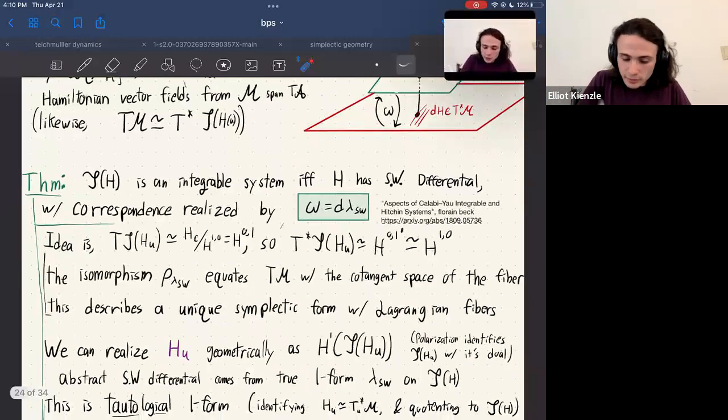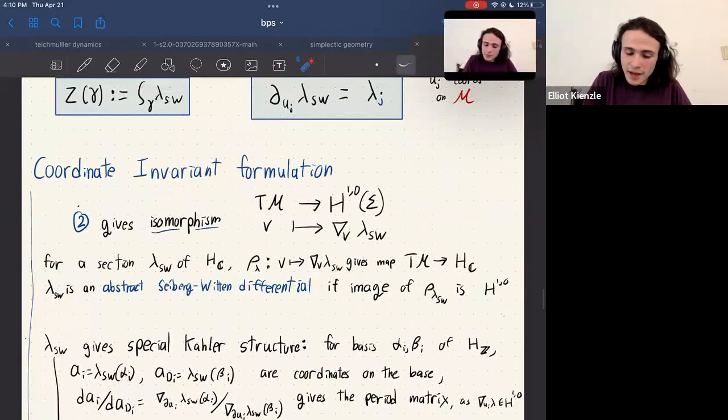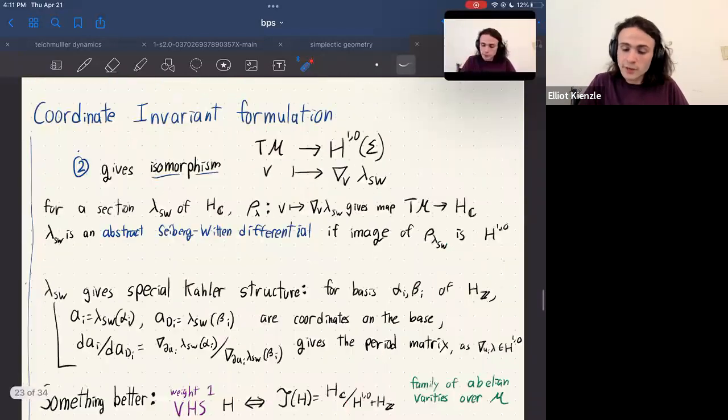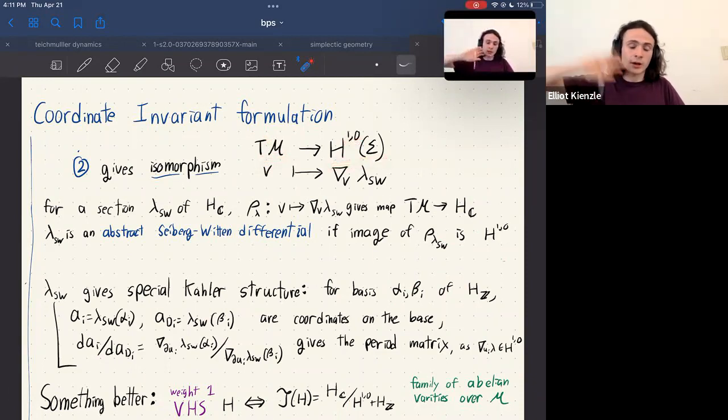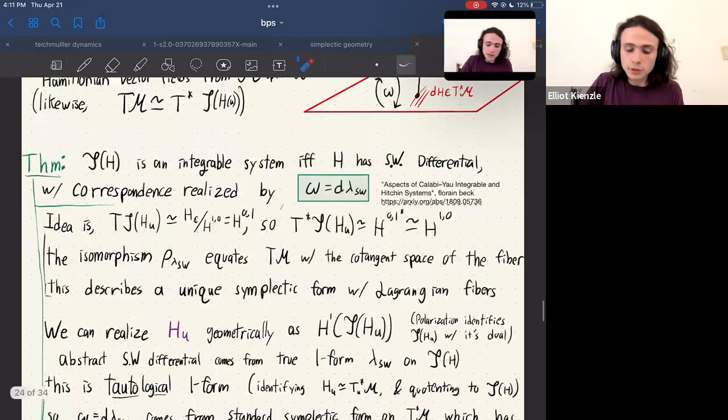And this isomorphism looks extremely similar to the abstract way that we defined a Seiberg-Witten differential. Because the Seiberg-Witten differential gave us an isomorphism from not the cotangent space, but the tangent space of the base to the holomorphic parts of the fibers, the holomorphic subbundle of your Hodge structure. And all you need to do to switch between these two pictures is just take the dual, right?